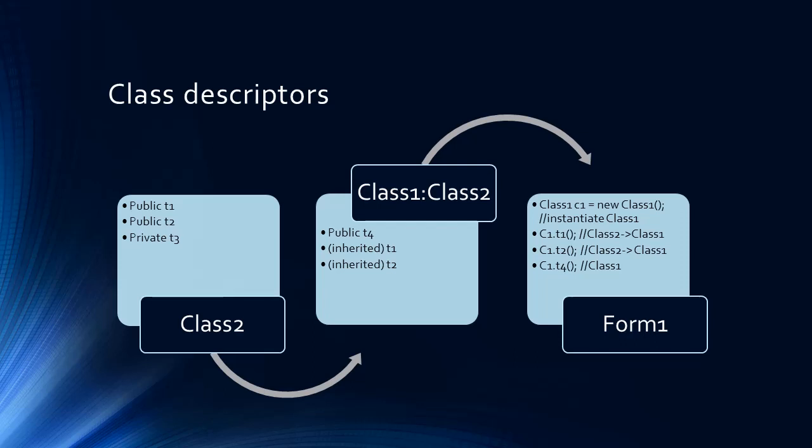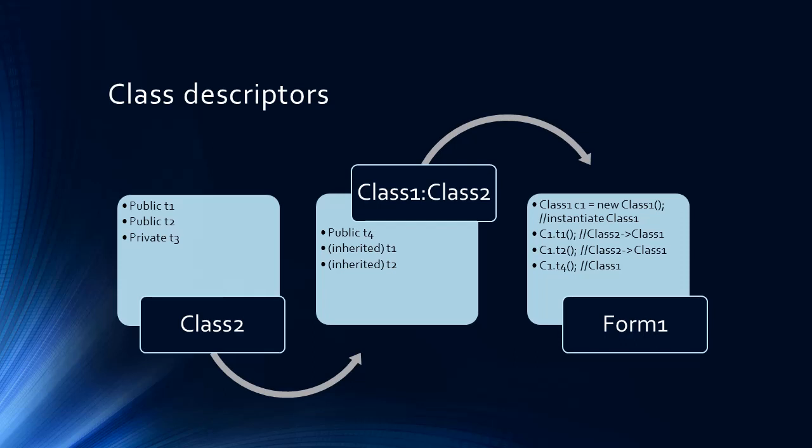And of course, as I said before, this is a derived class, so it also includes T1 and T2. If we instantiate class 1, over on what I call form 1, at the very top I'm instantiating class 1, C1, which is the variable, and I'm saying that C1 is going to be a new instantiated object of class 1.